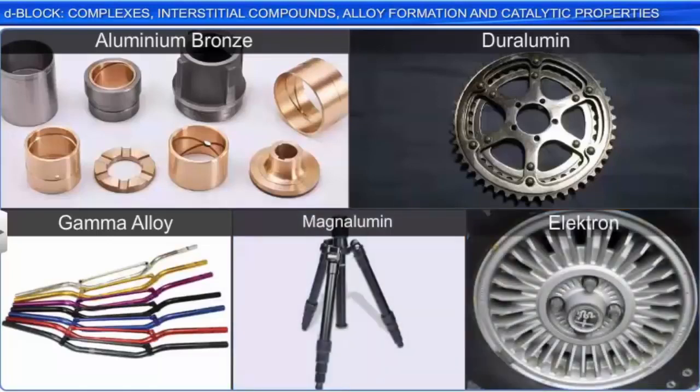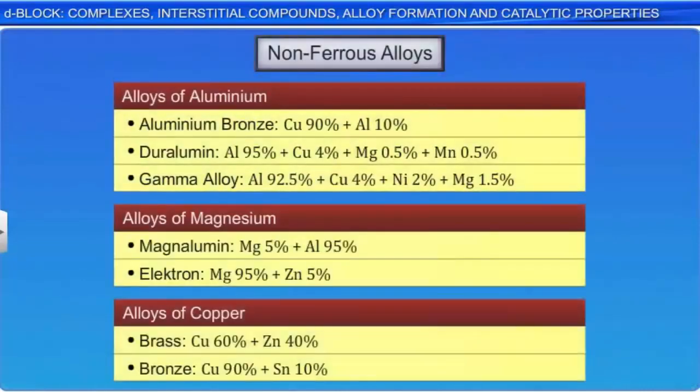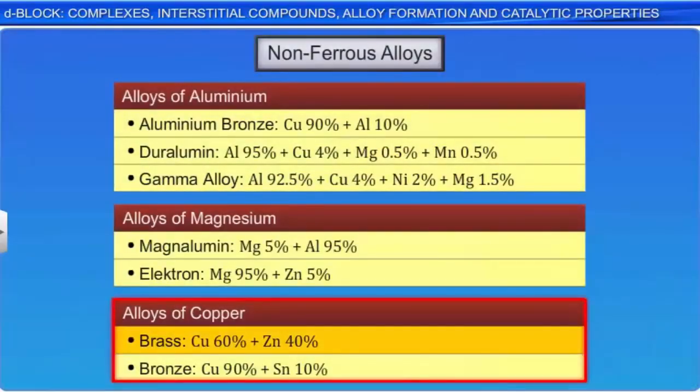Similarly, brass, an alloy of copper and zinc, and bronze, an alloy of copper and tin, are also important non-ferrous alloys.